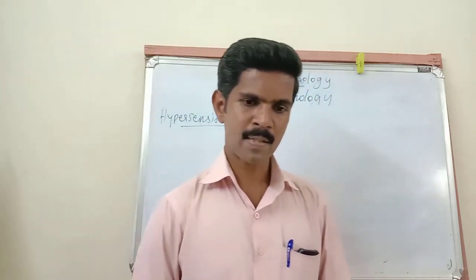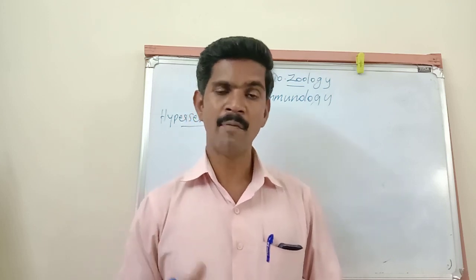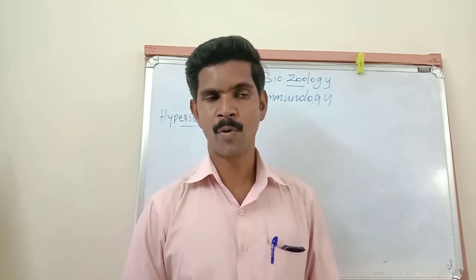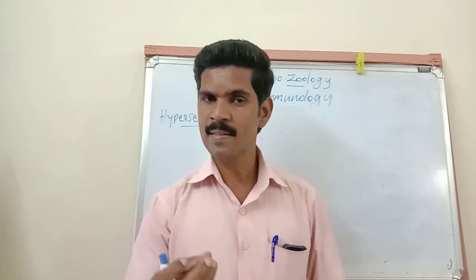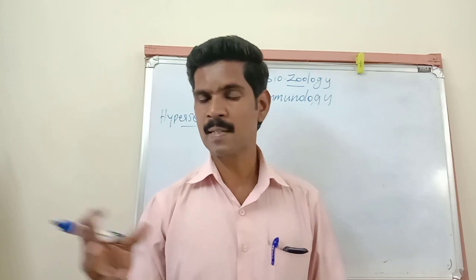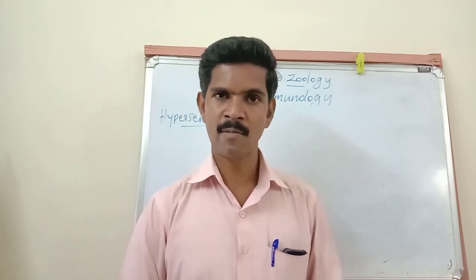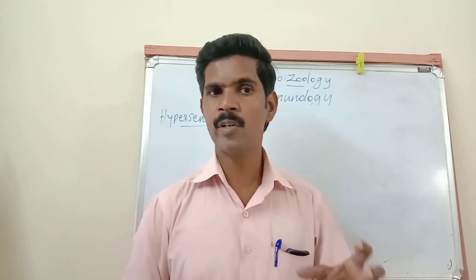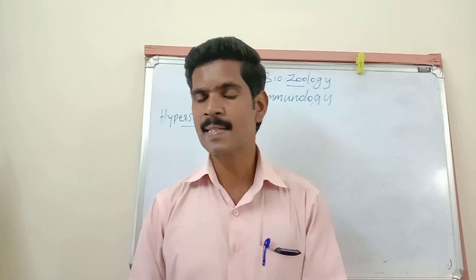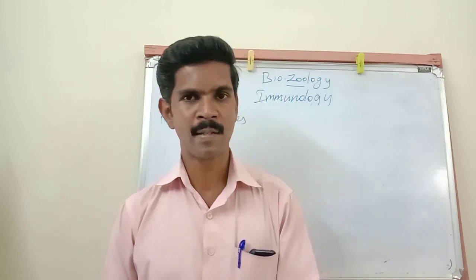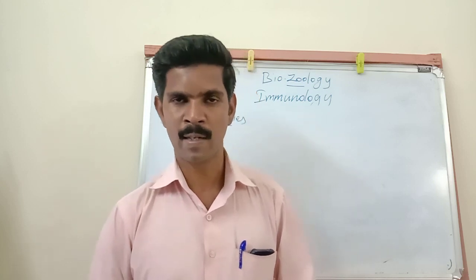Hypersensitivity means sometimes our immune system produces an excessive immune response against a common antigen present in the environment. It is an excessive immune response against a simple or common substance present in the environment. This condition is called hypersensitivity, otherwise called allergy.